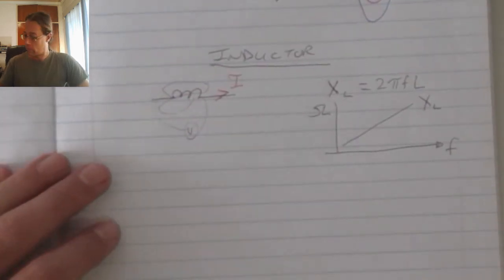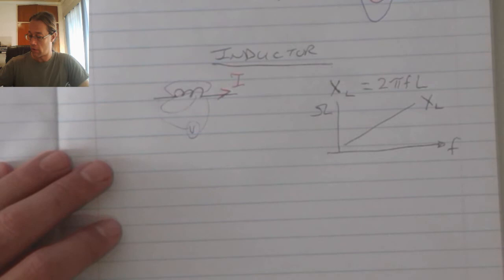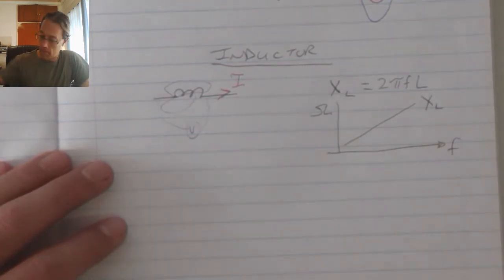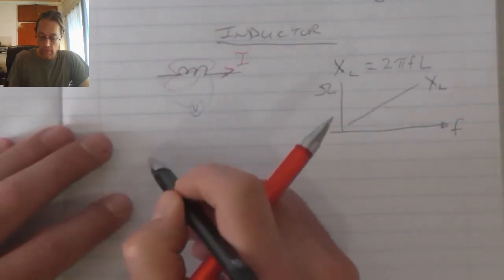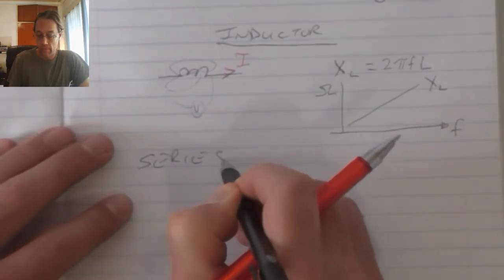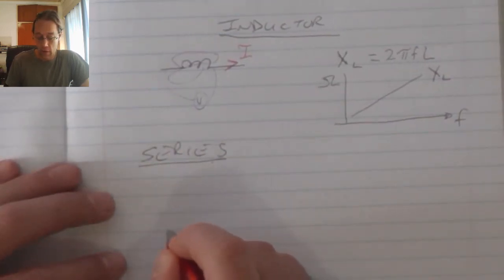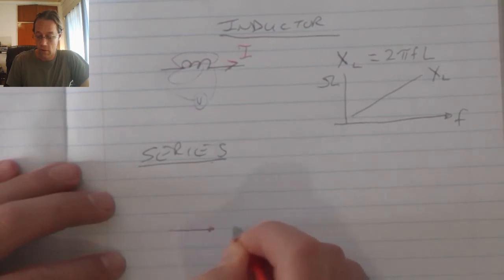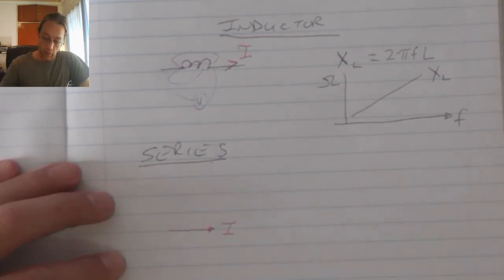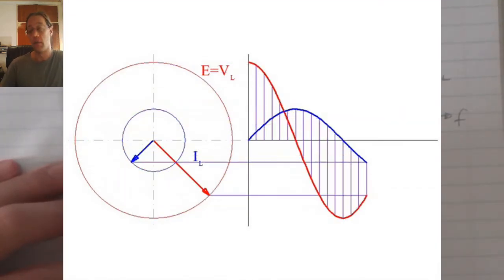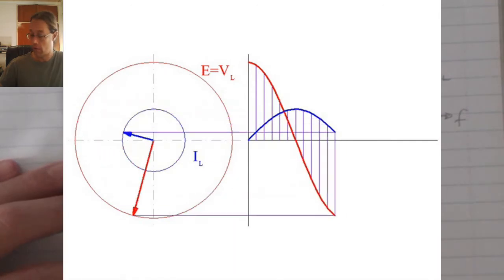Looking at the phasor diagram and the impedance, or the ohmic reactance diagram, we see the following. When I pass a current through in series, it will develop a voltage which has a 90-degree lead with reference to the current.